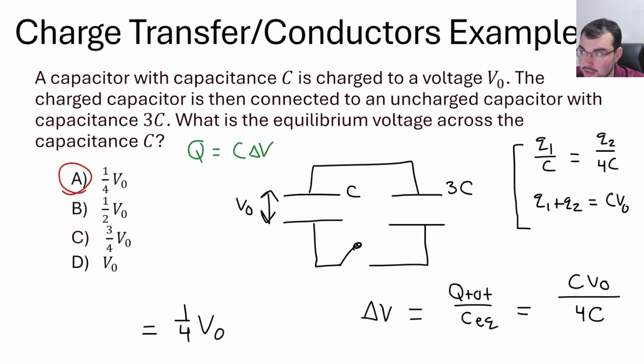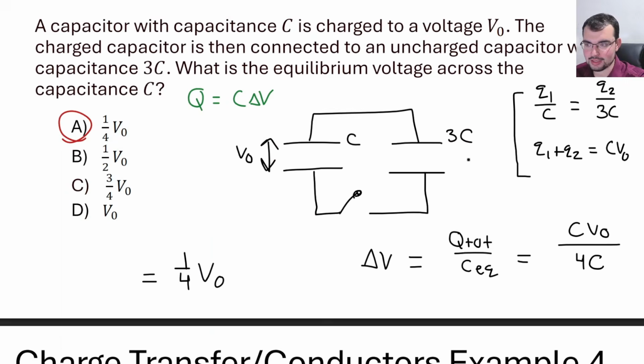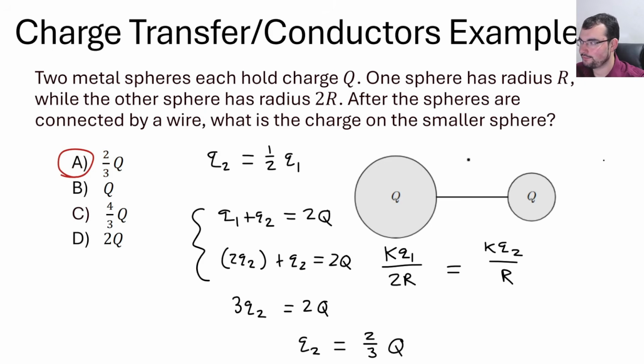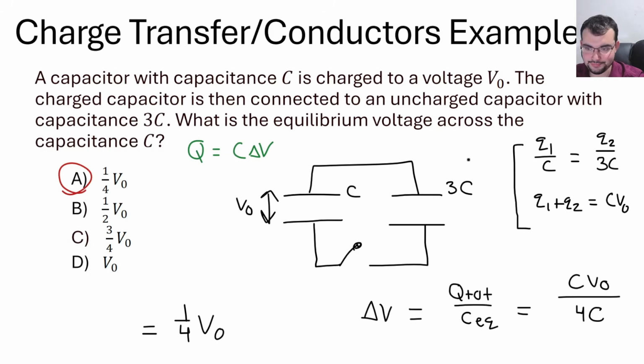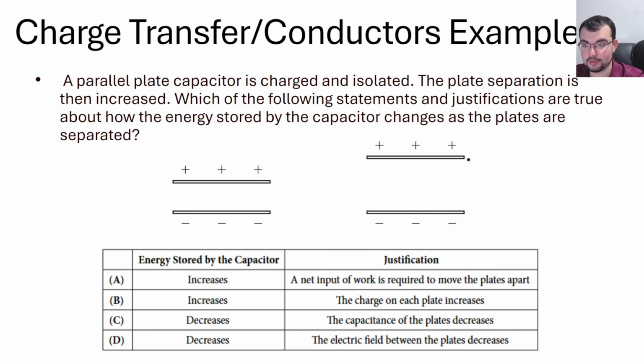This is 3C, not 4. Because you would end up seeing that the first capacitor only needs a third of the charge of the second. So this is really the same problem as the 2 sphere, right? We have a voltage equality equation, and then we have a conservation of charge equation. So it does work. All right, and now we have our pulling apart question.